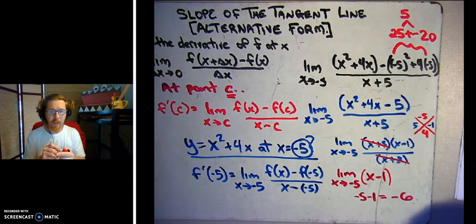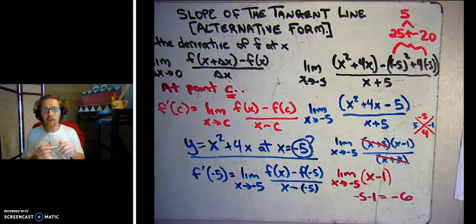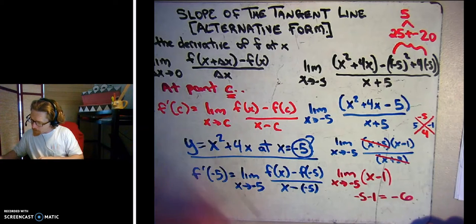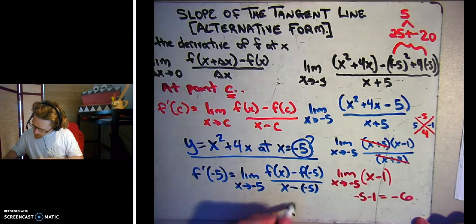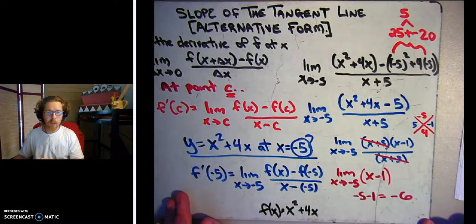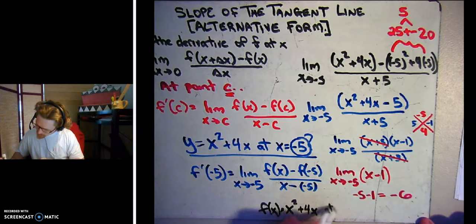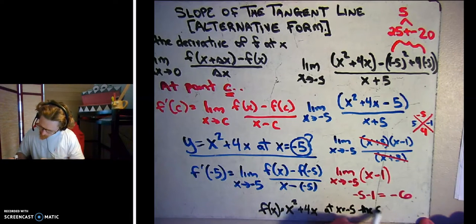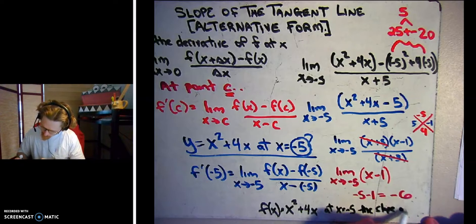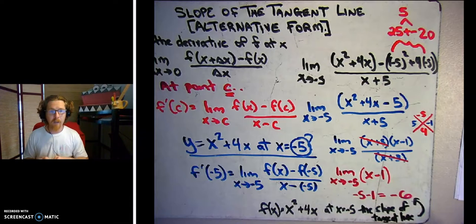So what does this answer, -6, really mean? Well, this answer means that when the function f of x is equal to x squared plus 4x, at x equals -5, the slope of the tangent line is -6.